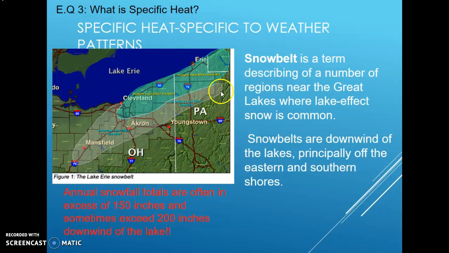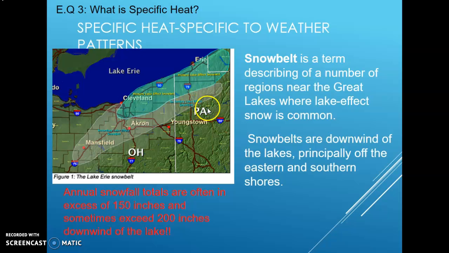We talk about the snow belt, in case any of you are wondering. These areas that you see on the slide are classified as a snow belt. That's because you usually have cold air anywhere between November, December, and January. I don't even think Lake Erie froze this year. So as long as these lakes are open and free of ice, when that cold air comes across, it's going to pick up that moisture and dump it on the windward side, which in this case would be Cleveland.